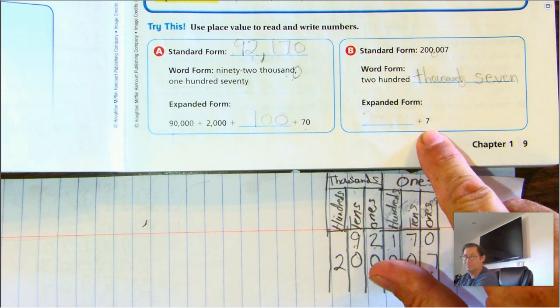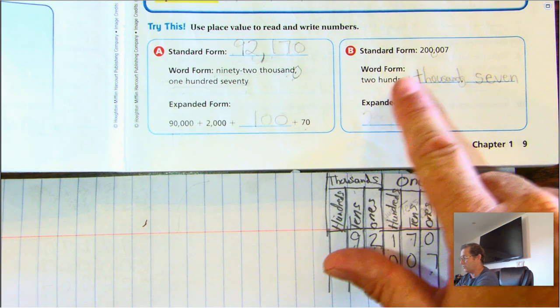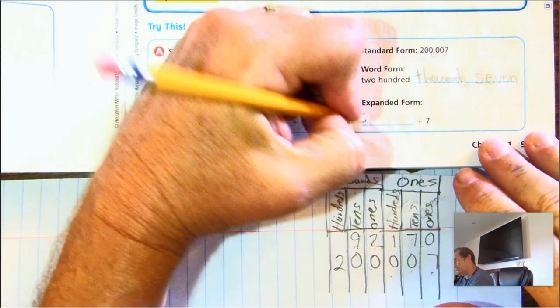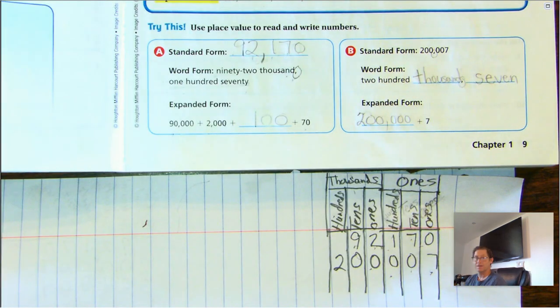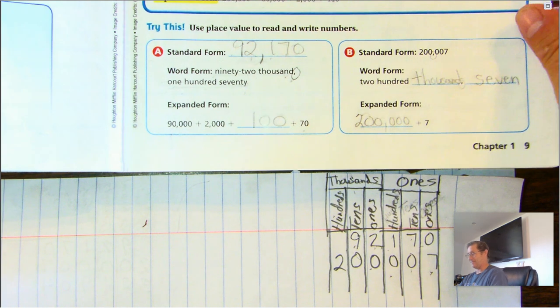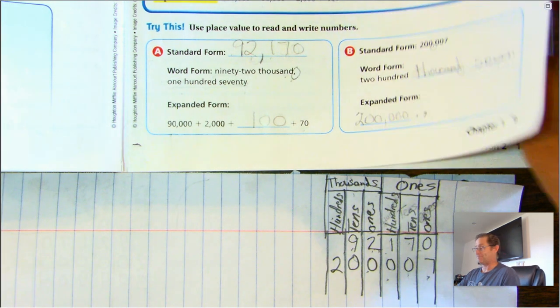I see the 7. So all I have to do is come up with the 200,000. Just write 200,000. So 200,007. All right, let's go to page 10.